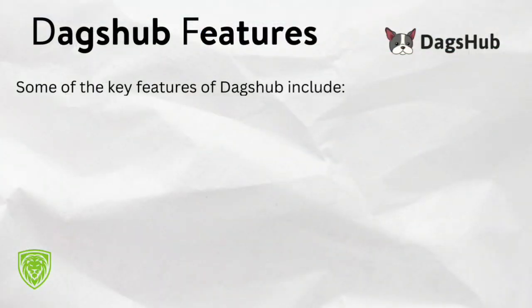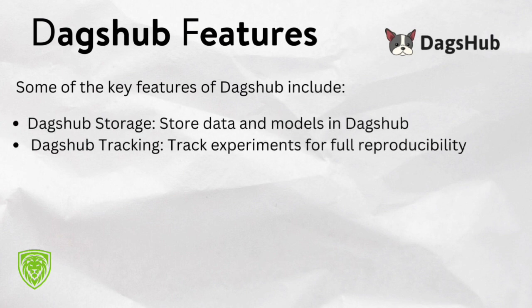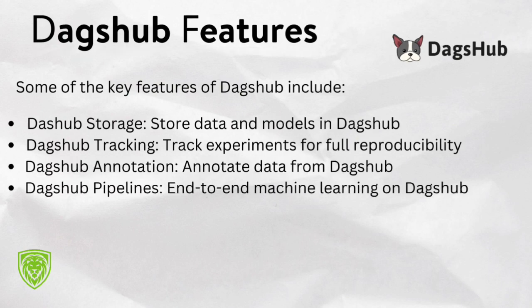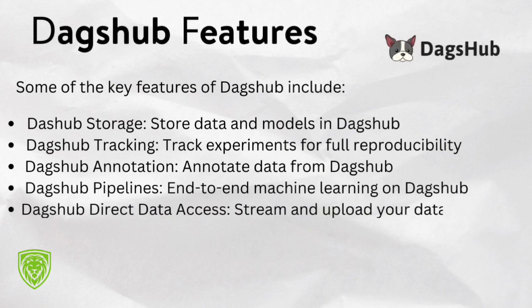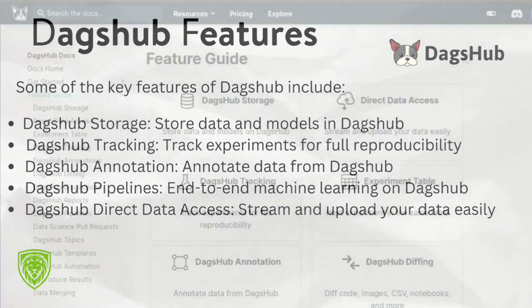Some of the key features of DagsHub include DagsHub Storage, store data and models in DagsHub; DagsHub Tracking, track experiments for full reproducibility; DagsHub Annotation, annotate data from DagsHub; DagsHub Pipelines, end-to-end machine learning on DagsHub; DagsHub's Direct Data Access, stream and upload your data easily; and DagsHub's Reproduce Results, reproduce experiment results.